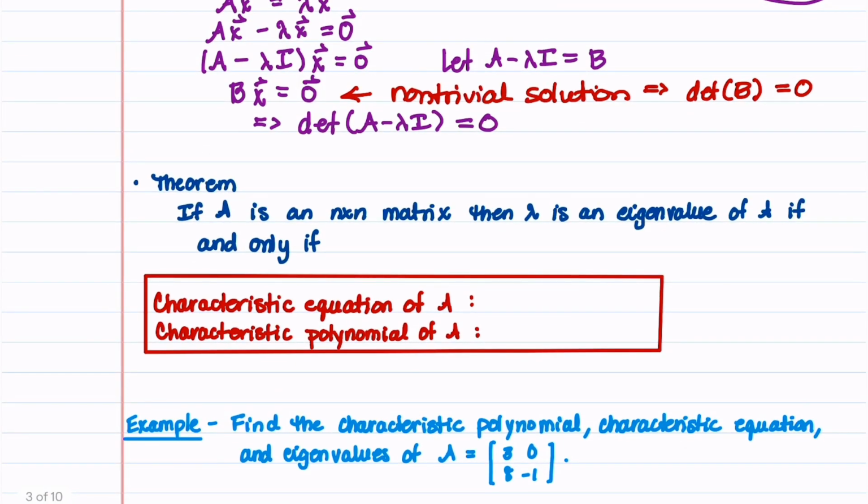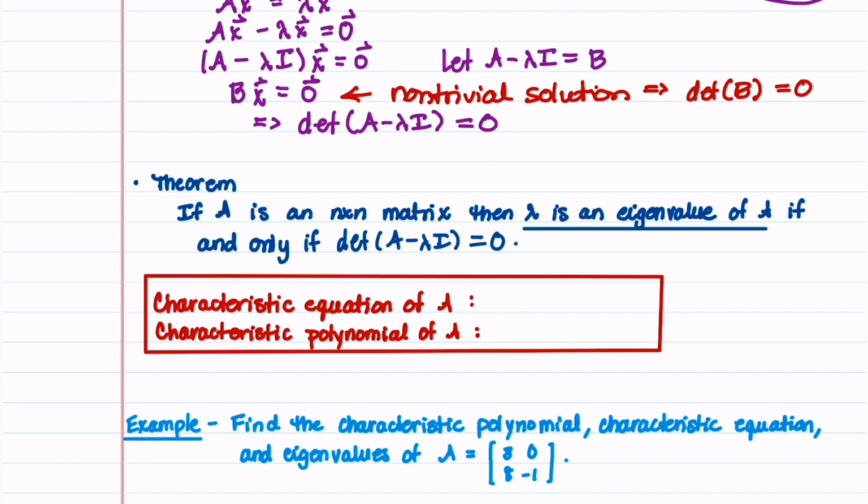This leads us to the following theorem. Our theorem says if A is an n by n matrix, then lambda is an eigenvalue of A if and only if, and here's where we're going to plug in that new equation, the determinant of A minus lambda I is equal to 0.